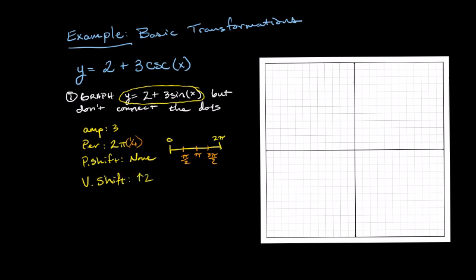All right, so we're going to label our axes. I'm just going to go by ones. And then I'm going to put in my midline. My midline is going to be up 2.